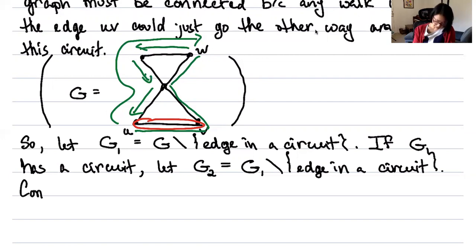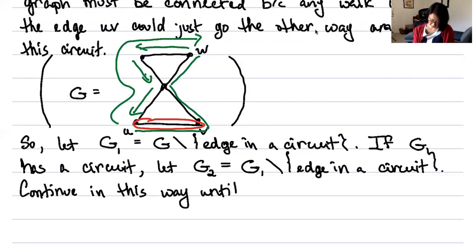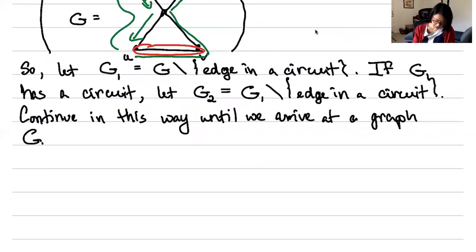And I'm going to continue in this way, where if I remove an edge, I break a circuit. If my graph still has a circuit, I'll break another circuit until we arrive at a graph that I'll call GK that has no circuits.